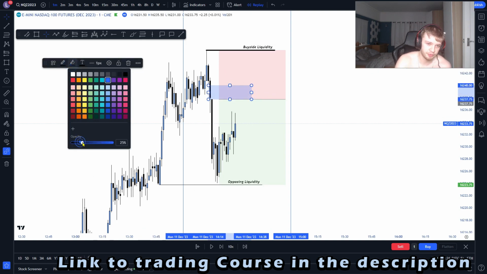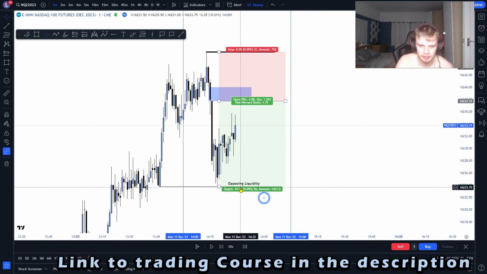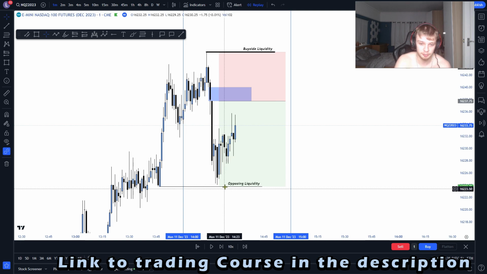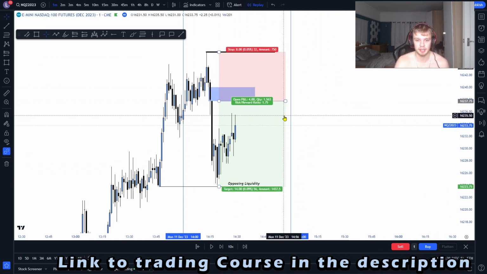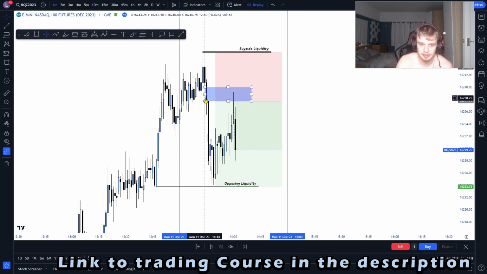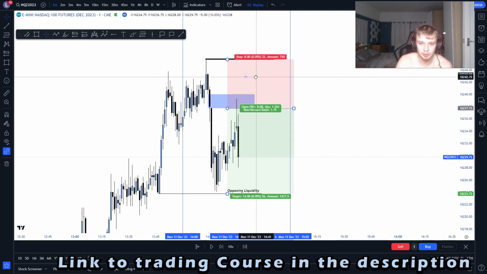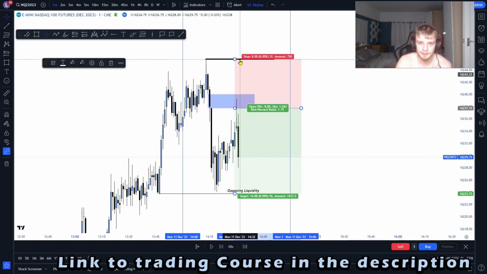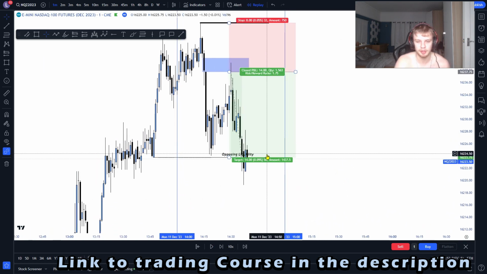Yes, the silver bullet short would still be valid, but just because we have already taken out the target, I would no longer be interested in this play. Okay, I hope that makes sense. So as you can see, we wick up into the silver bullet short where we have these displacement candles. We would be entered into the market right there, and then we would hit our take profit very cleanly.